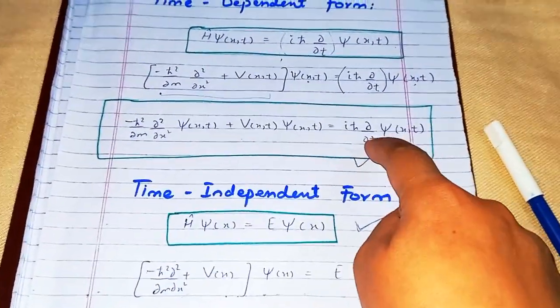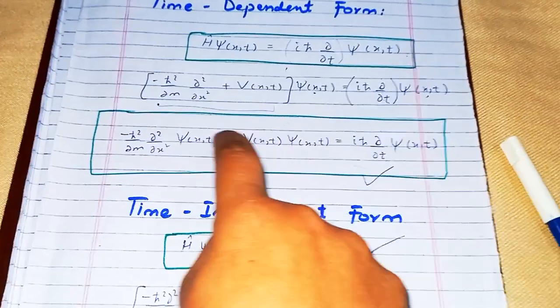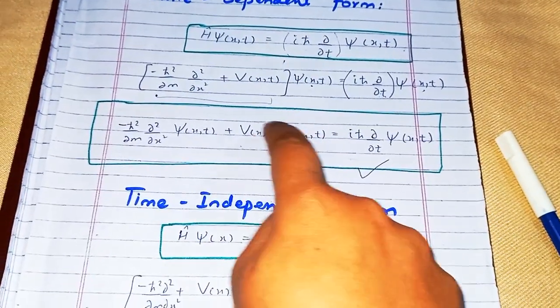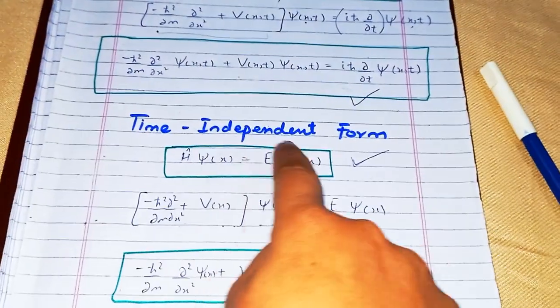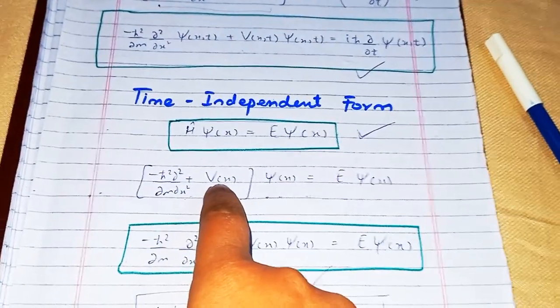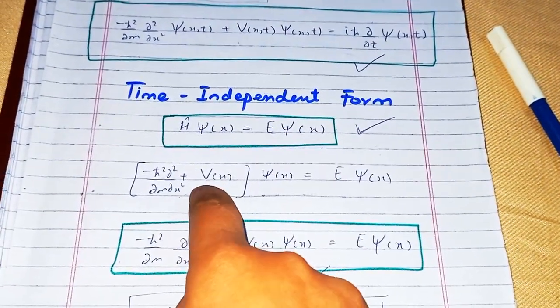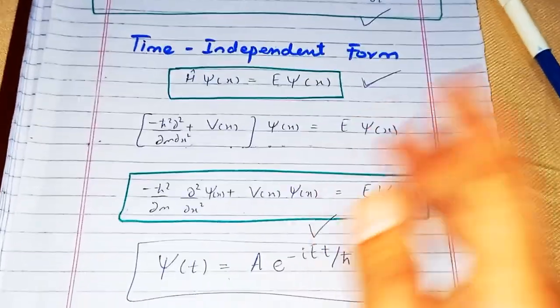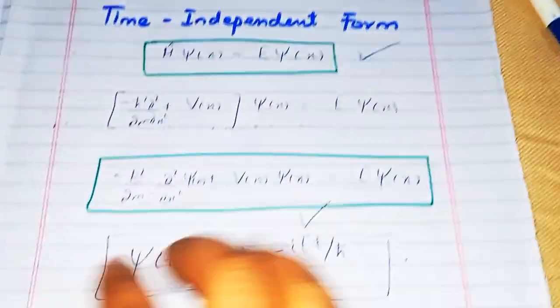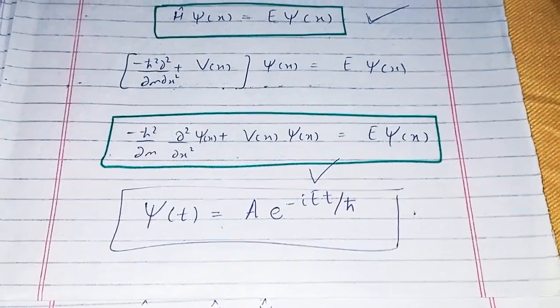Time dependent form has the time in each of these, in wave functions, in potential, and here on the right hand side as well, while time independent form has x dependent, space dependent potential, space dependent wave function, and E as constant on the right hand side, and time variable is eradicated completely.